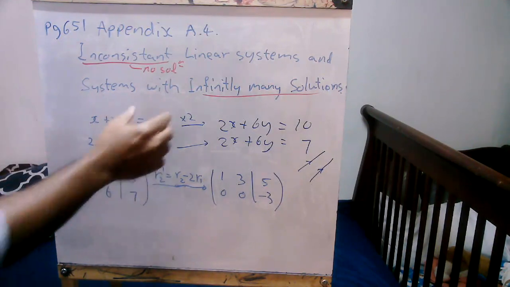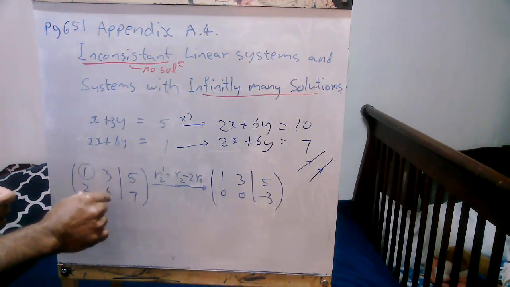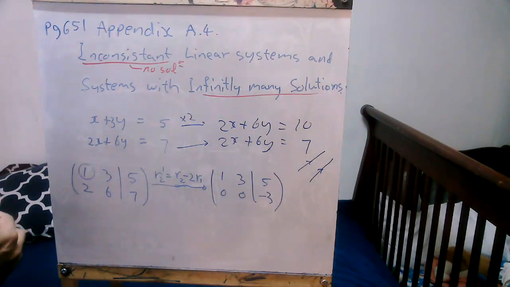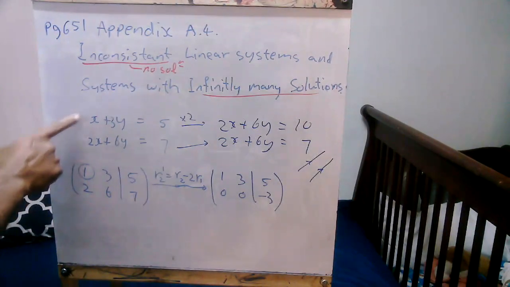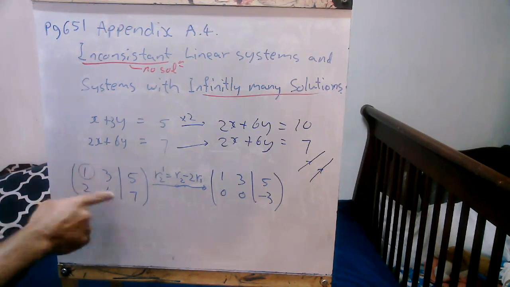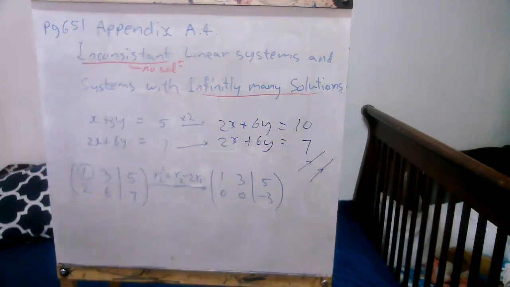What's added? The right side is added, right? The coefficient matrix and the right side together is called the augmented matrix. There we can write the coefficient matrix. Coefficient of x is 1, 3, of y is 3, 2, 6, right side is 5 and 7, right?